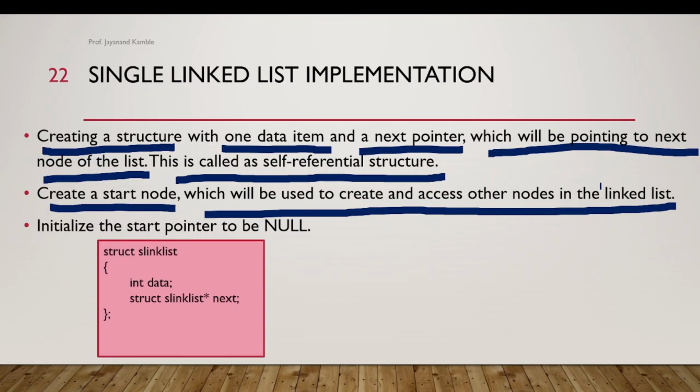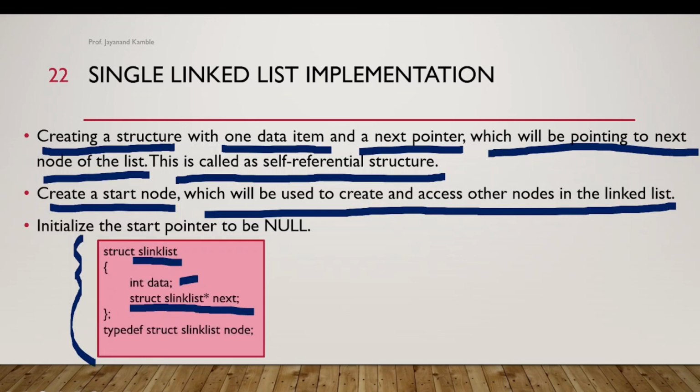Now see here, struct SLinkedList, that is singly linked list. SLinkedList means singly linked list. int data, this is the data item, and then struct SLinkedList next pointer, the self-referential pointer. So this is nothing but the way we are going to create a node for a singly linked list.